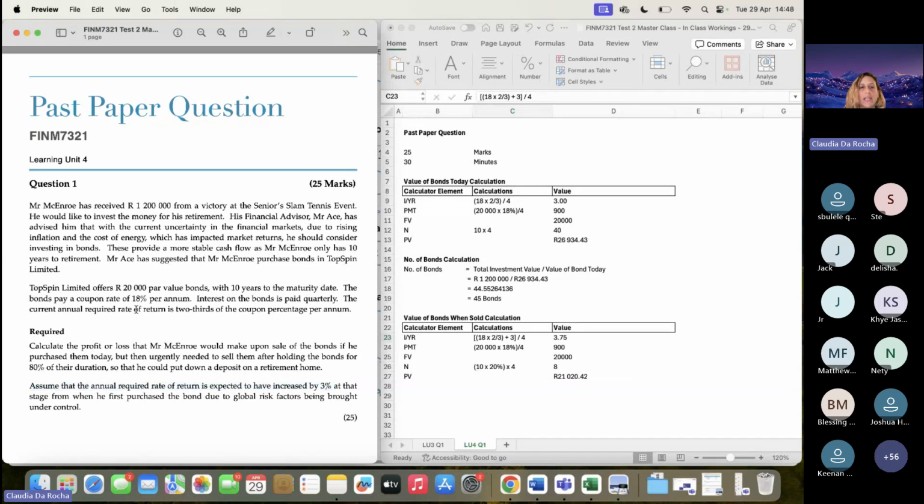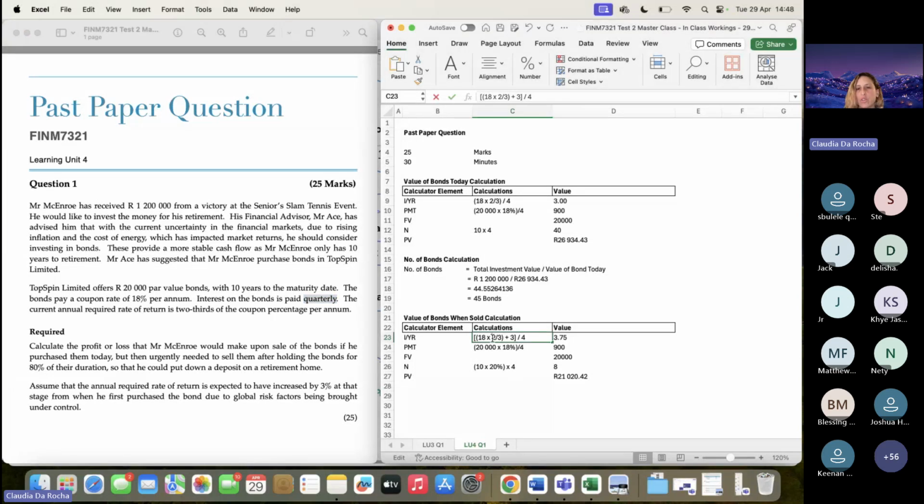So I'm taking my original required rate of return, which is 2/3 of my coupon percentage, I am increasing it by 3% as per the question, and then I'm dividing it by 4 because we have quarterly compounding. That's why I've got 18 times 2 over 3 plus 3, divide by 4. I hope that clarifies it now for you.